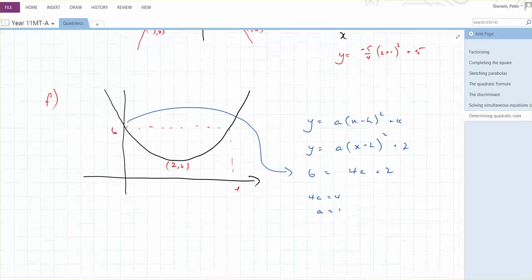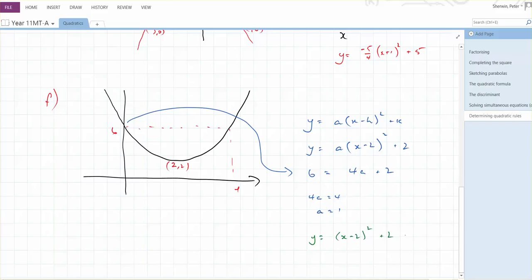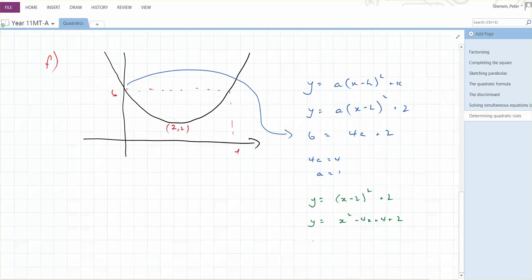So my equation looks like this. I can now put in 1 here, so it's not going to affect it. And if you wanted to, x squared minus 4x plus 4 plus 2, it would look like that. But I'm quite happy with it in that form.